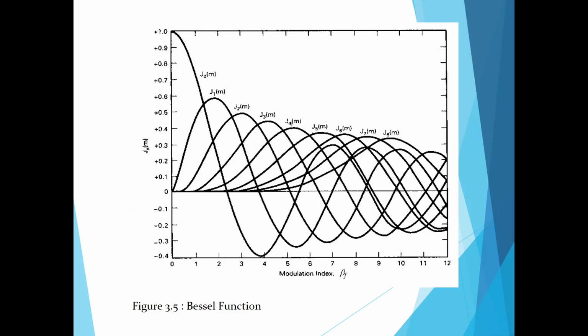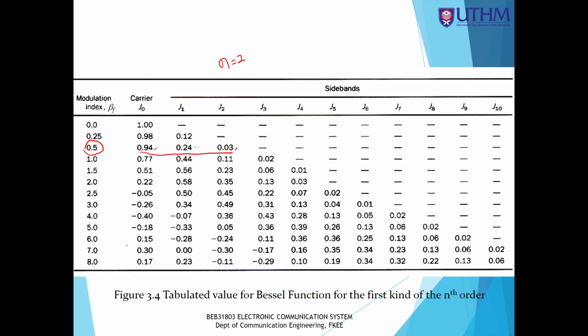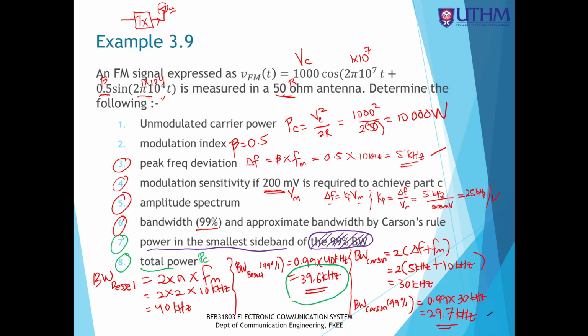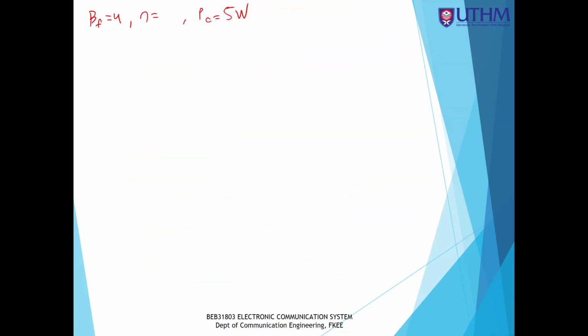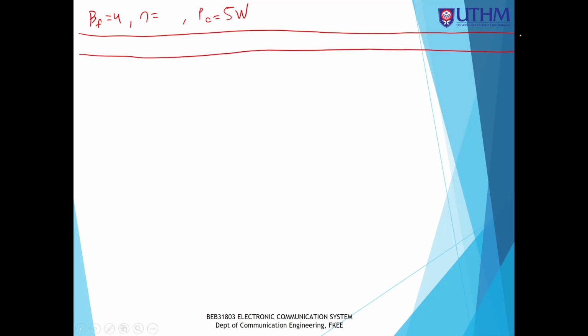Okay, let's refer to the Bessel table. So here you see that n is equal to 7. Okay, so let's go back to the slide. So n equals 7.